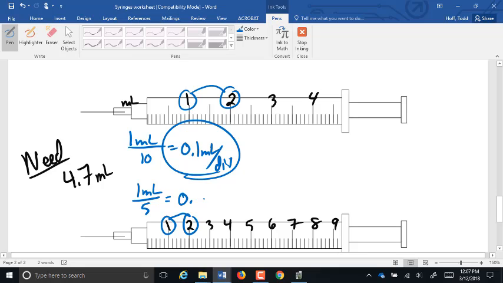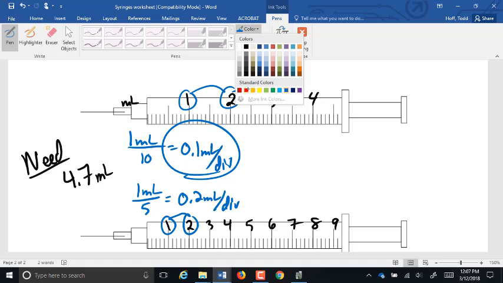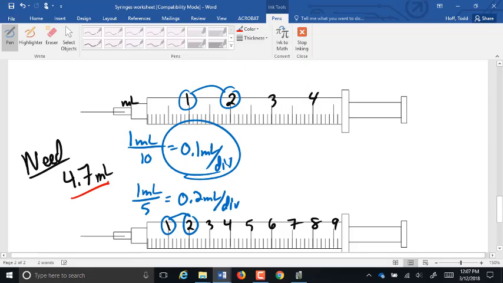That's 0.2 milliliters per division. If I need 4.7 milliliters, this is 4, 0.1, 0.2, 0.3, 0.4, 0.5, 0.6. 4.6 milliliters appears to be the capacity of this.